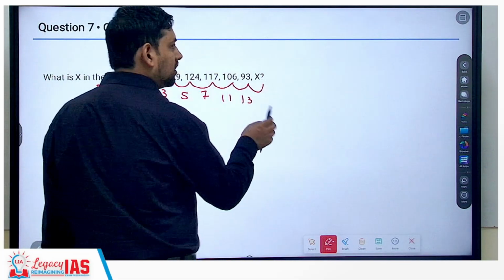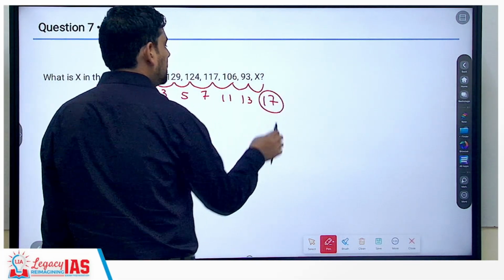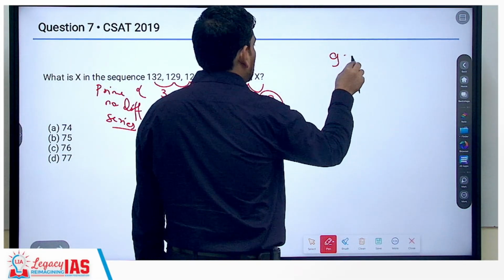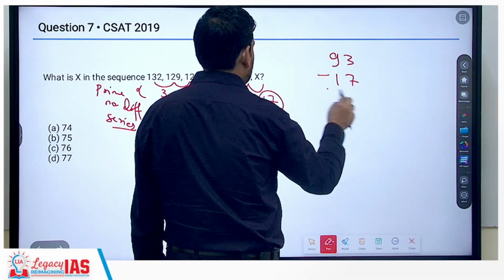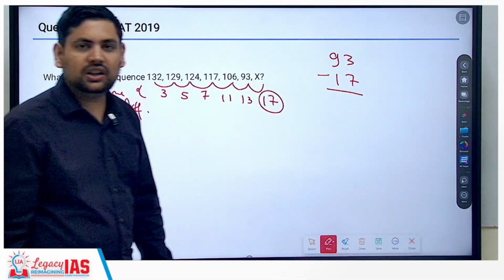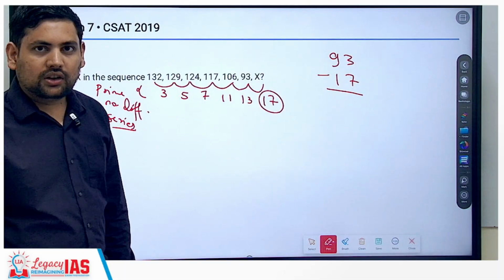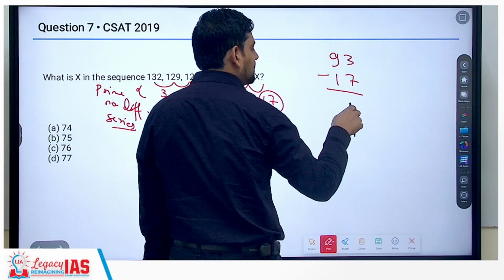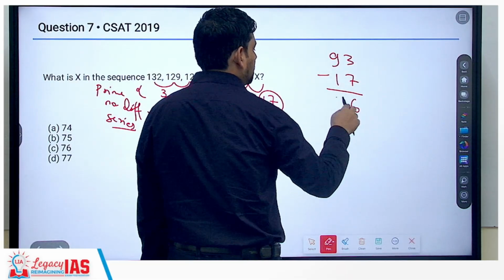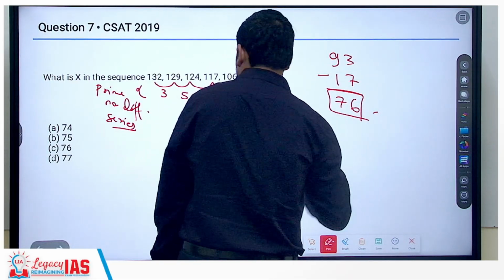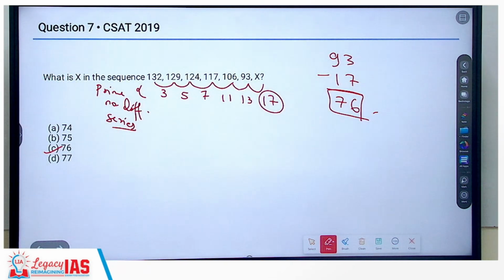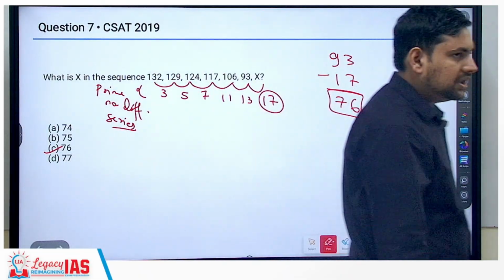Next difference should be not 15 but 17. So 93 minus 17. This will give us the value of x. So 93 minus 17, 13 minus 7 is 6, 8 minus 1 is 7. So the answer becomes 76. This becomes your answer. Understood? Simple. Okay. So here you had to find the difference.